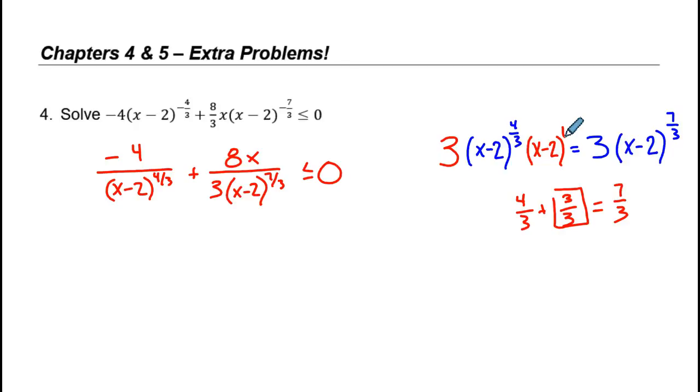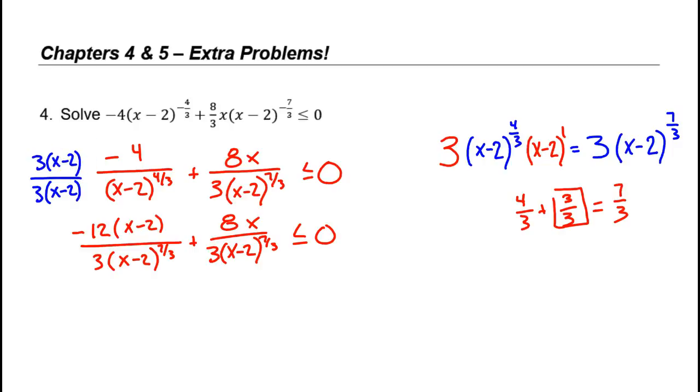So to get a common denominator between these two expressions, I have to multiply by 3 times (x minus 2) in both the numerator and the denominator. I'm going to go ahead and do that now. When I multiply negative 4 times 3, I get negative 12. I'm now ready to distribute that.